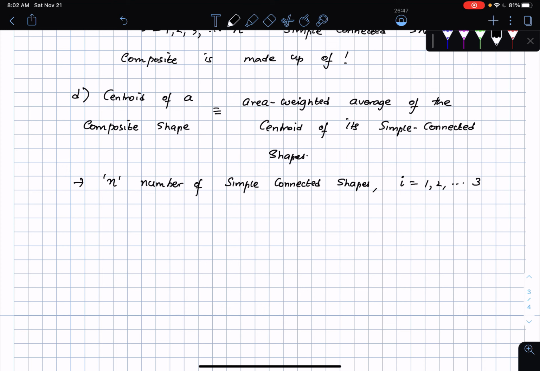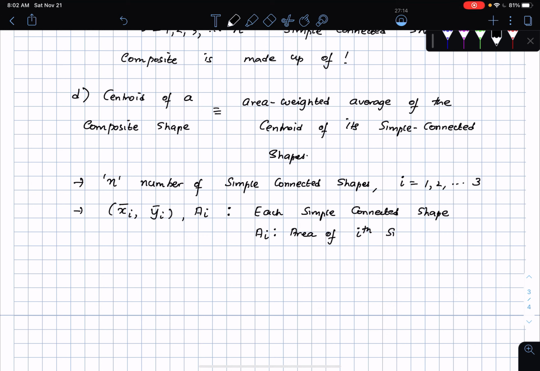And then for each simple connected shape, we know xi bar, yi bar, and ai, where ai is the area of the ith simple shape.